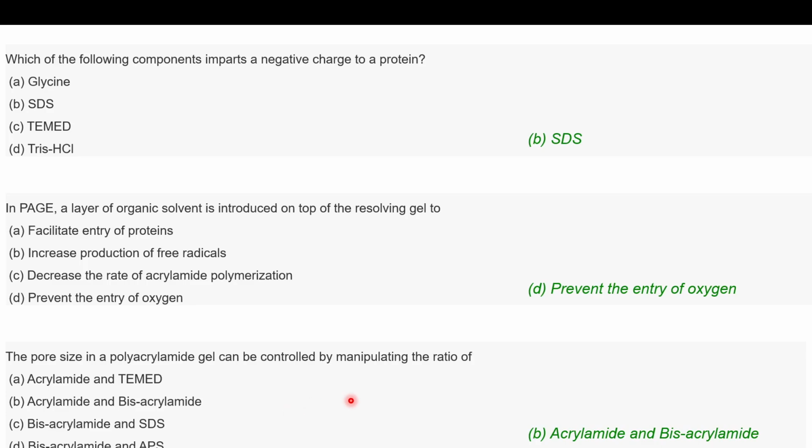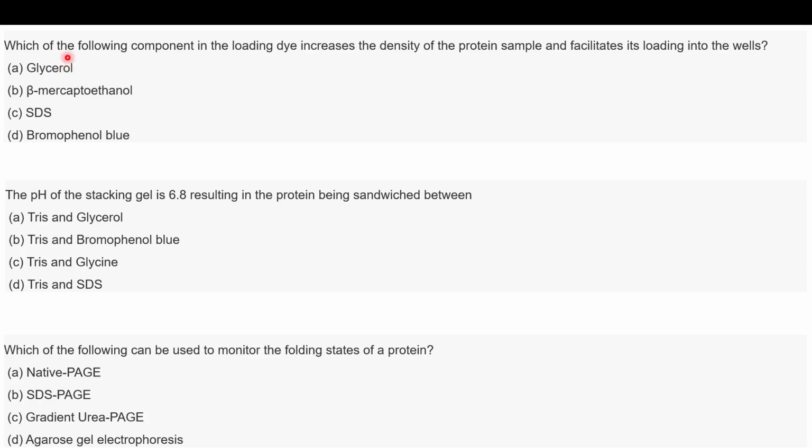Yes, very good. Okay. Now, which of the following components in the loading dye increases the density of the protein sample? It can be protein or any other nucleic acid sample and facilitates its loading into the well. So, yes. pH of the stacking gel is 6.8. So, the protein front is sandwiched between which two layers or which two fronts? Yes.